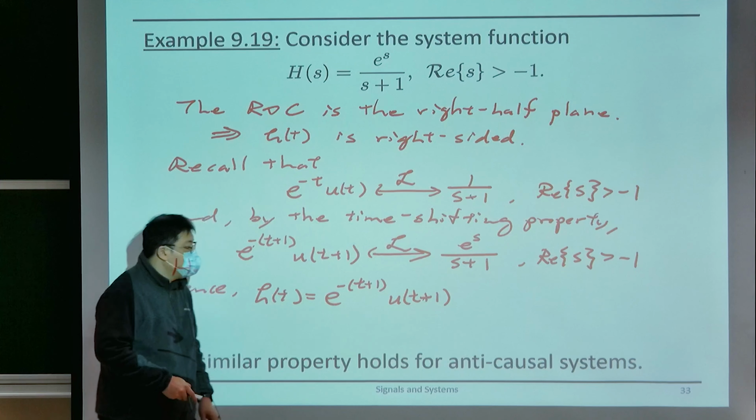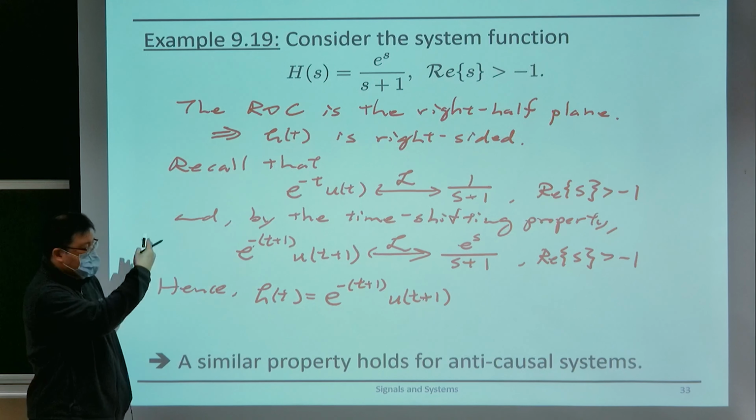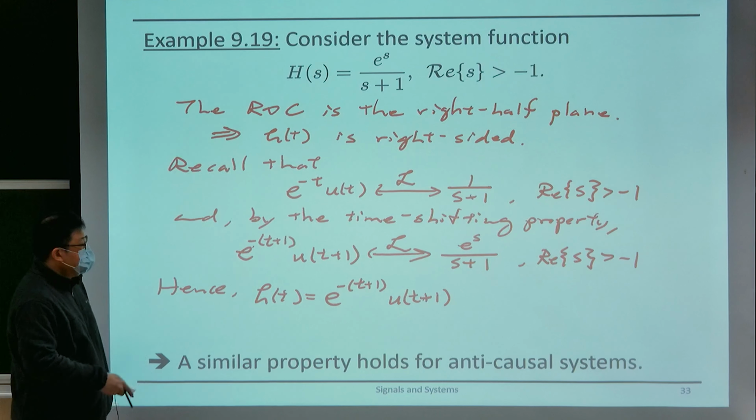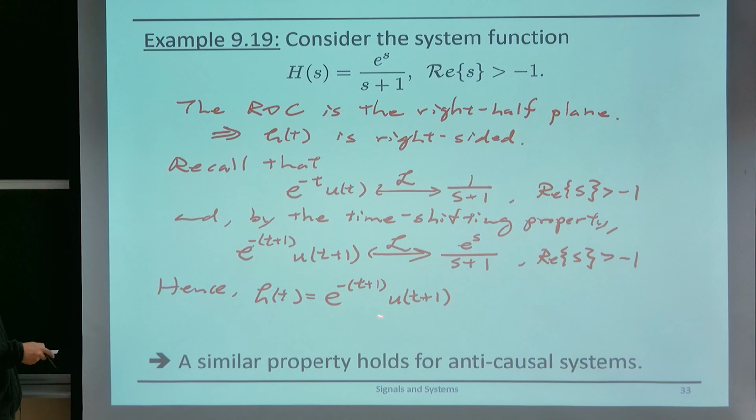This unit step function starts at minus 1, so it is non-zero at certain times below time 0, meaning that the system is non-causal. You have a response before the impulse comes in.